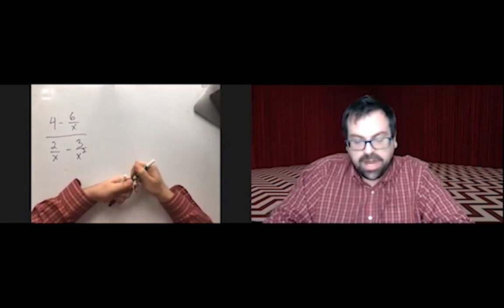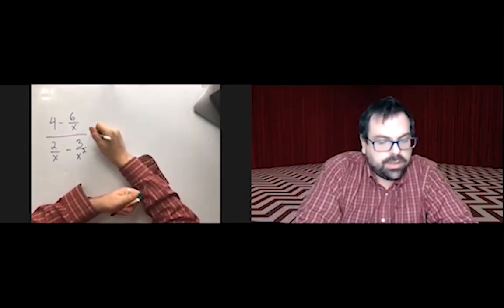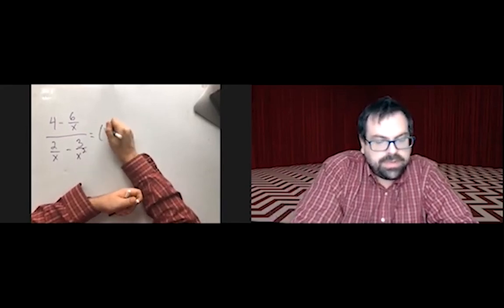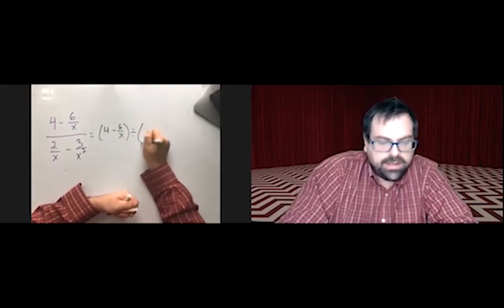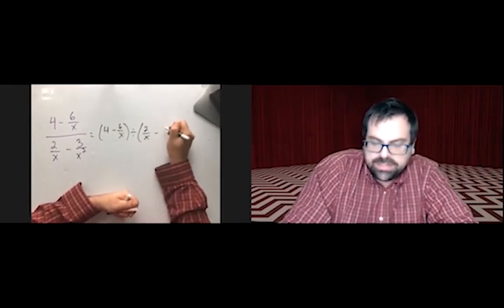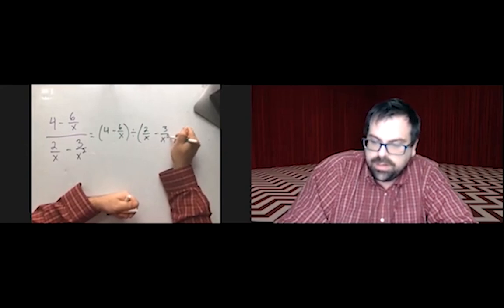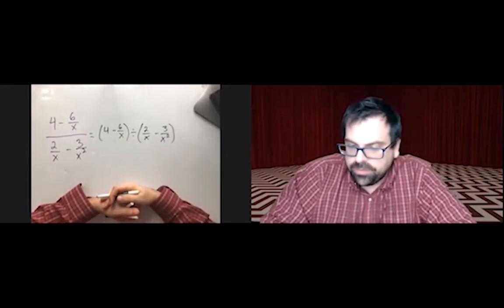Well, fraction over fraction, this is going to be 4 minus 6 over x divided by 2 over x minus 3 over x squared.